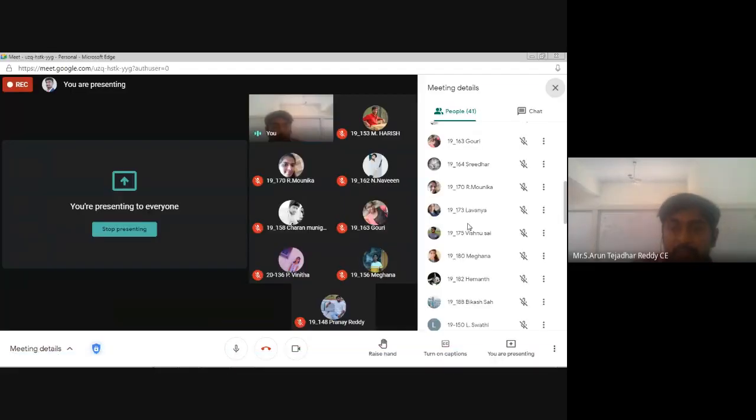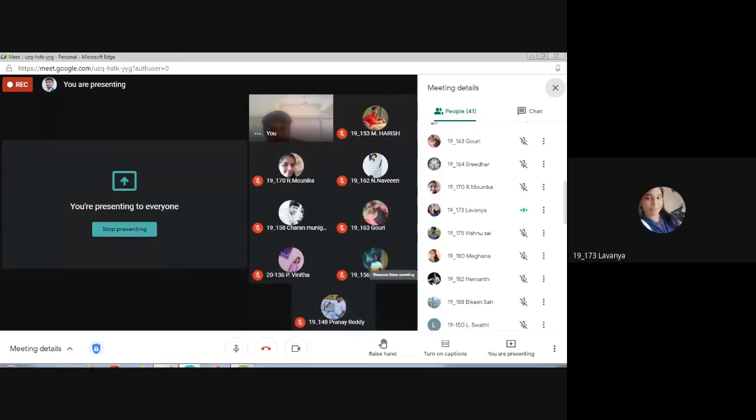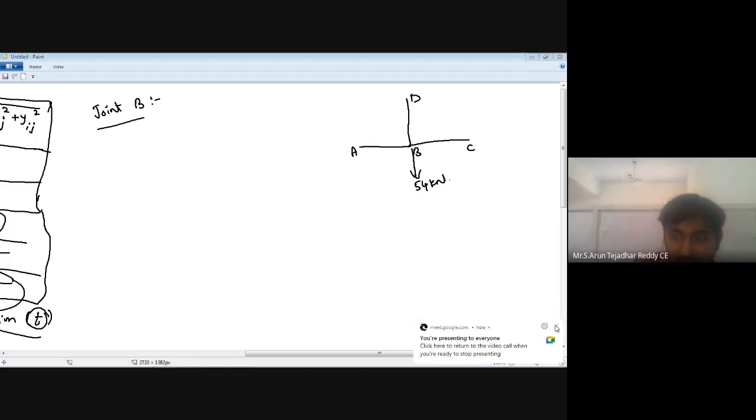Once observe this diagram, is there any inclined member acting? No, sir. Okay, nice. So in this joint B, we don't have any inclined member. So no need to resolve the forces. Everything is horizontal and vertical.